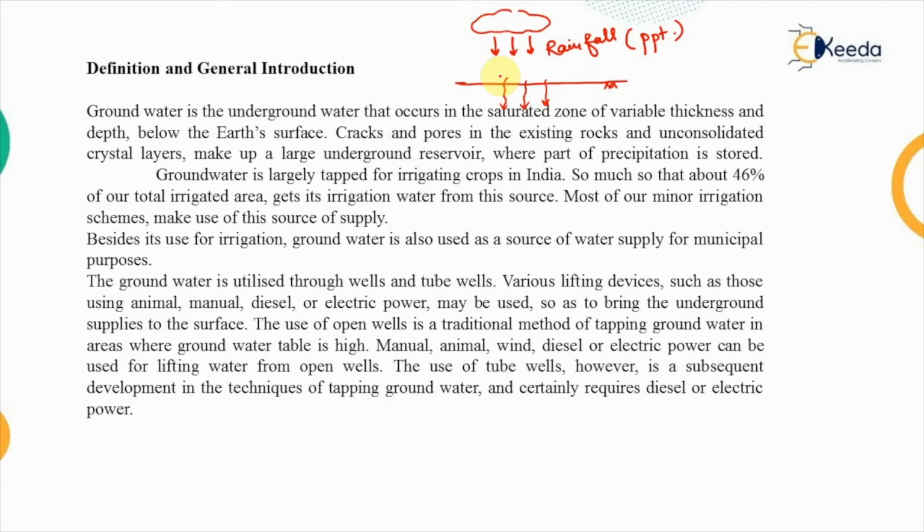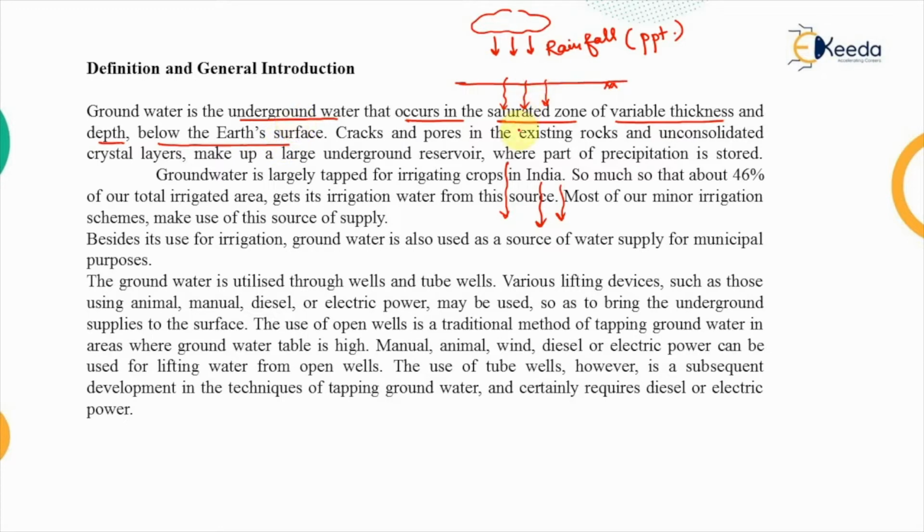But if the water percolating reaches very deep in the earth's crust, then the water stored in the ground because of deep percolation is known as groundwater. So groundwater is the underground water that occurs in the saturated zone of variable thickness and depth, which is below the earth's surface.